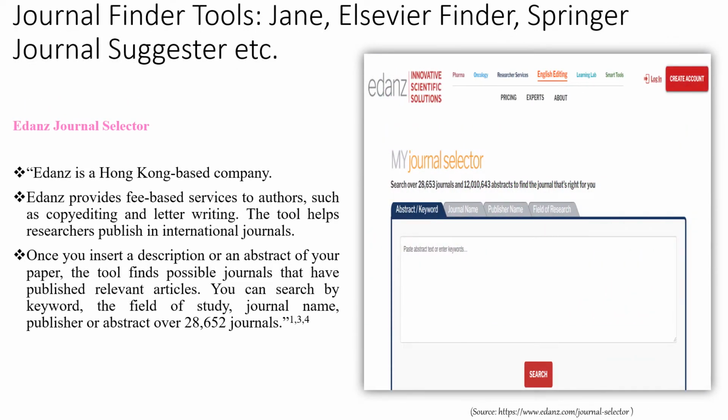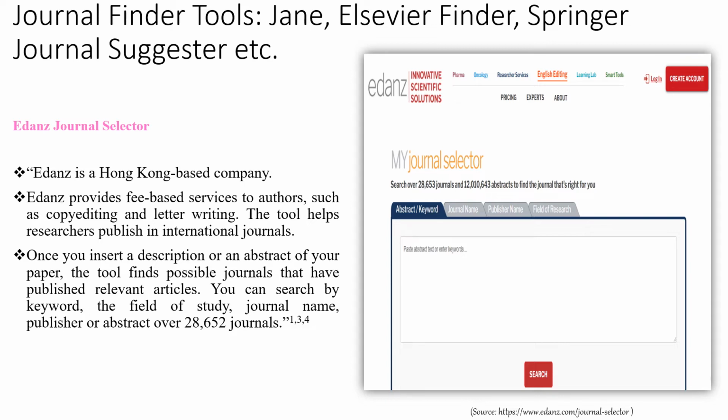The next one is Edanz's Journal Selector. Edanz is a Hong Kong-based company. Edanz provides fee-based services to authors, such as copy editing and letter writing. The tool helps researchers to publish in international journals. Once you insert a description, or you can say the abstract, of your paper, the tool finds possible journals that you have published relevant articles in or you wish to publish in.